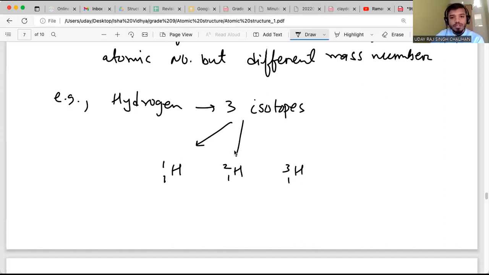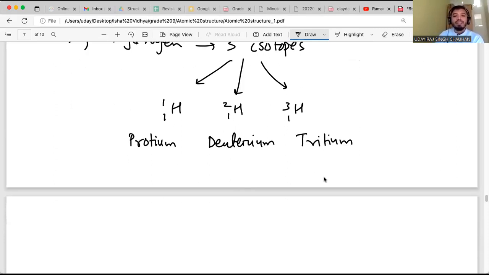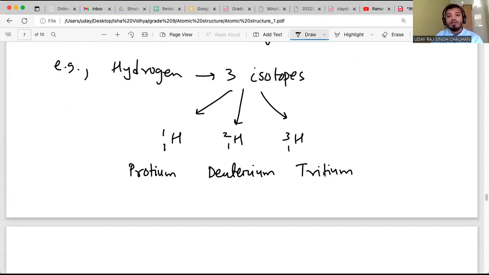These are the 3 isotopes of hydrogen. What are the names? First one is called protium. This is called deuterium. This is called tritium. So protium, deuterium, and tritium, these are the 3 isotopes of hydrogen.